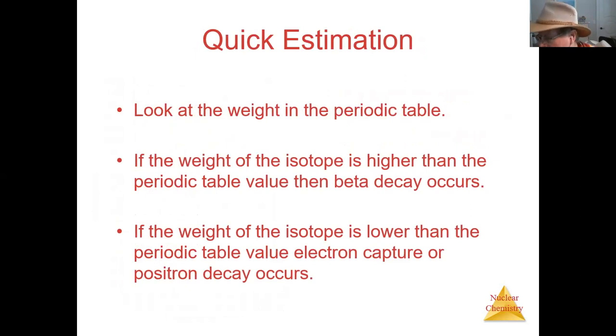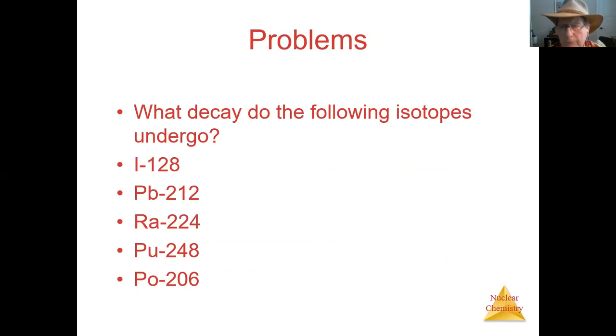The isotope we're talking about is 204. Does it undergo positron or beta decay? Positron. The weight is lower than the atomic weight.